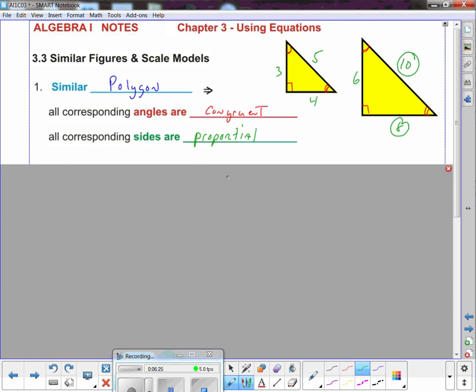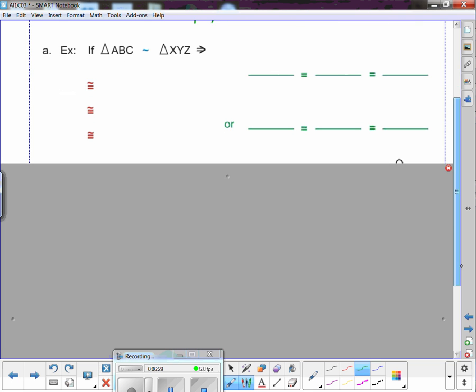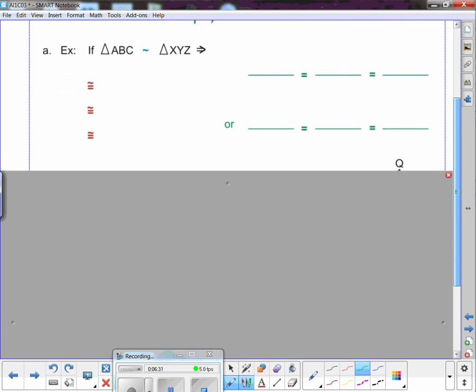So the angles are congruent. The sides are proportional. And do you guys remember how we can do this without even having the figures, going by the way they're named? So angles first. Oh, by the way, you remember the symbol for similar? And what is that called? Come on, it's a key on the keyboard.